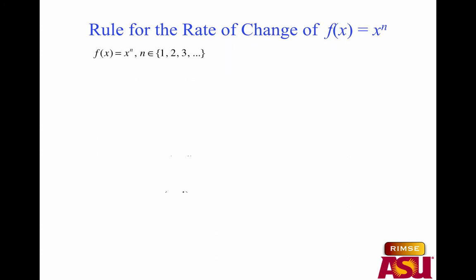Once again, we're finding a rule for the exact rate of change function when f of x equals x to the n, and what we're doing is going to work for any natural number n. So 1, 2, 3, 4, 5, 6, etc. Remember that in order to find the exact rate of change function, we have to work with this expression.